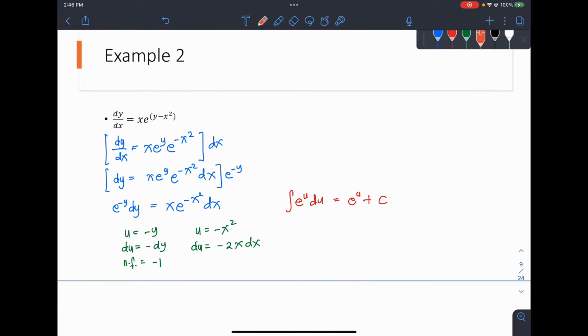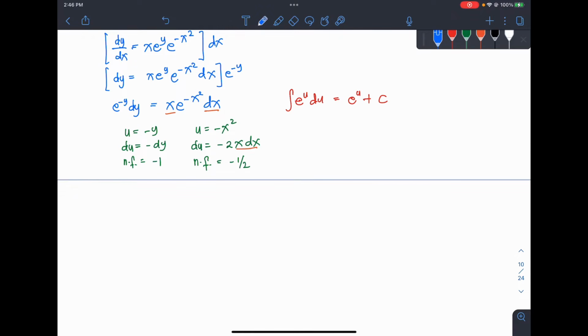What we can see here is that we only have x and dx, so we are in excess of negative 2. And thus we have a neutralizing factor of negative 1/2, the reciprocal of negative 2.